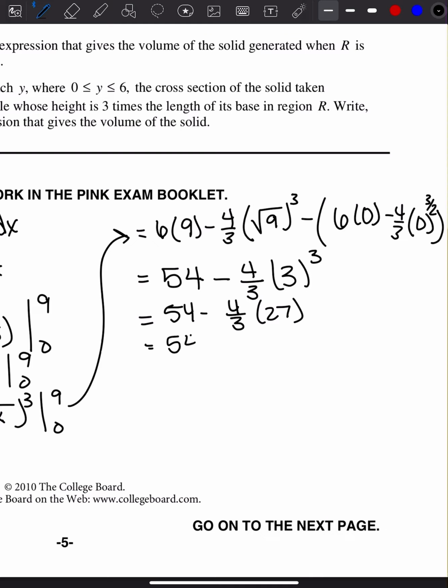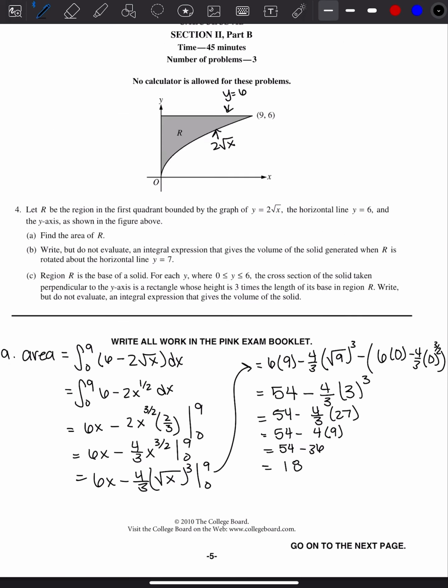So we have 54 minus, dividing 27 by 3, 4 times 9. 4 times 9 is 36. So I have 54 minus 36, which gives us 18. So for our first problem here, we should get an answer of 18 by going through all of this work.